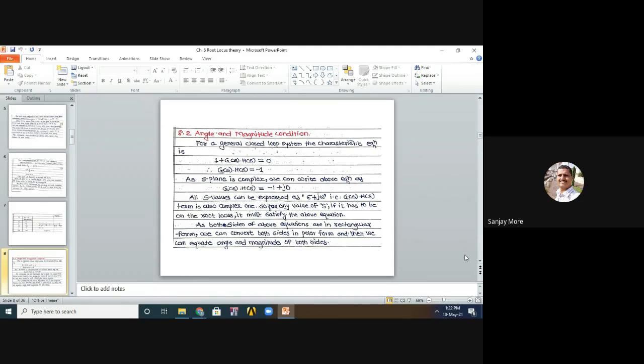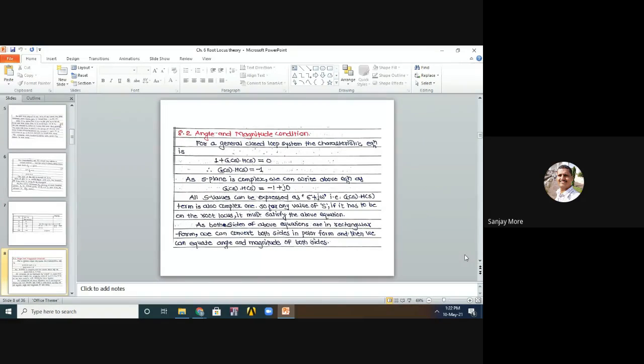For a general closed loop characteristic equation, 1 plus G(s)H(s) is equal to 0. Therefore, G(s)H(s) is equal to minus 1.